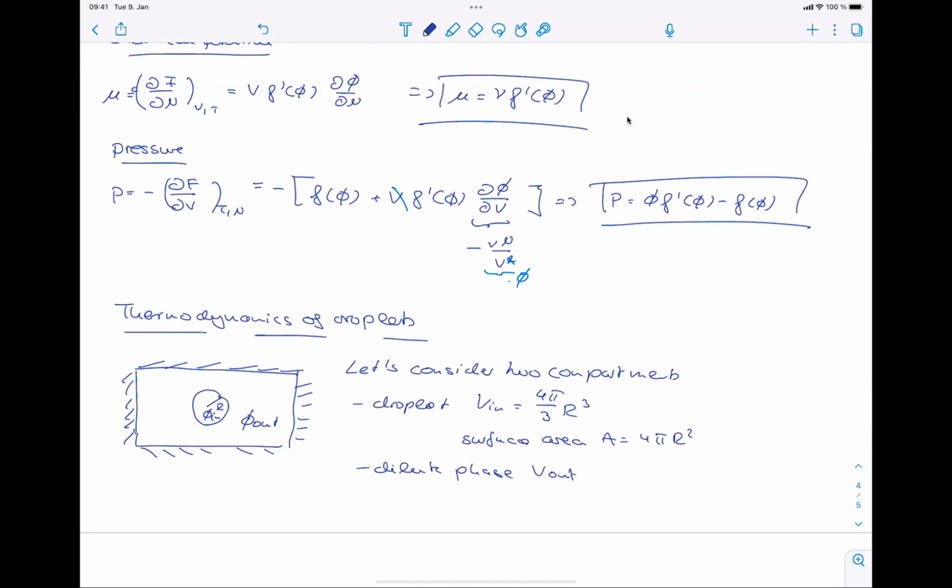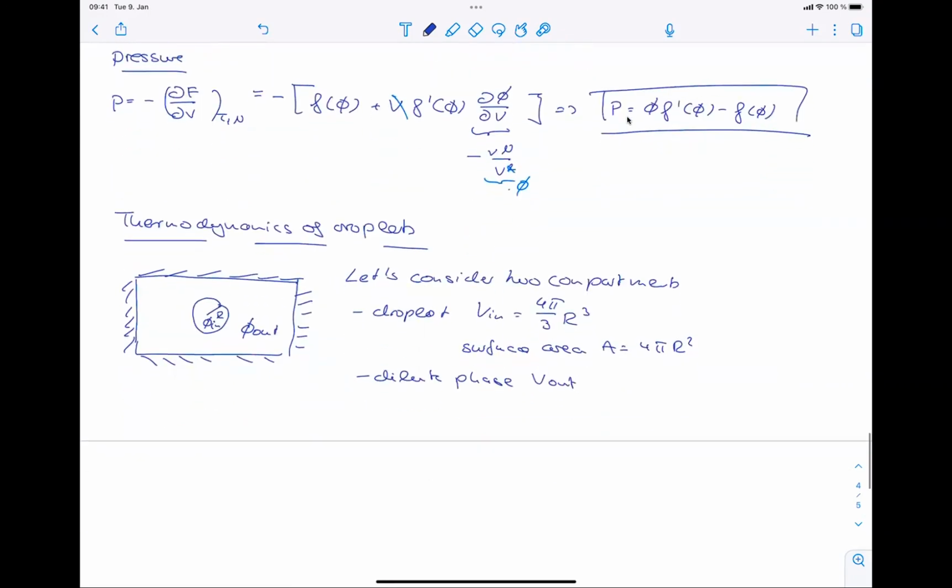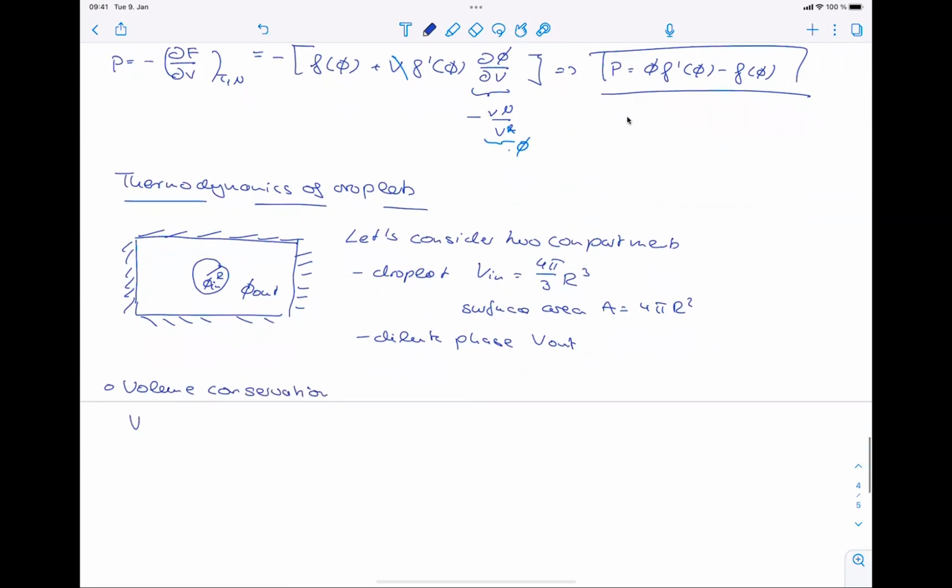Then we have a range of conservation laws. Namely, we have volume conservation, stating that however big the droplet and the outside, this has to give rise to the total volume, the system volume.